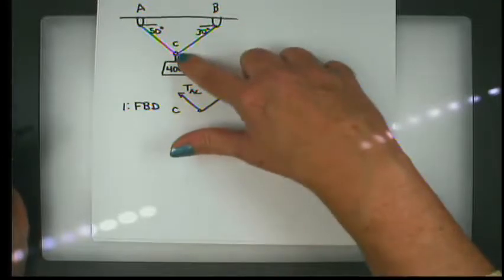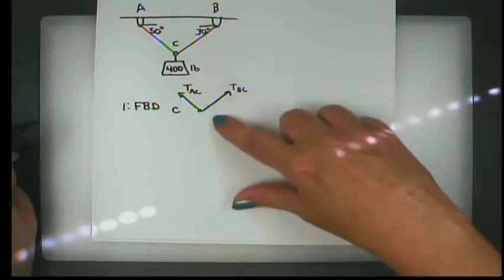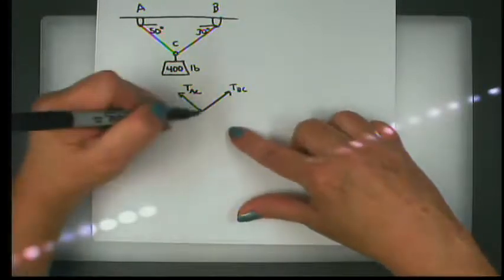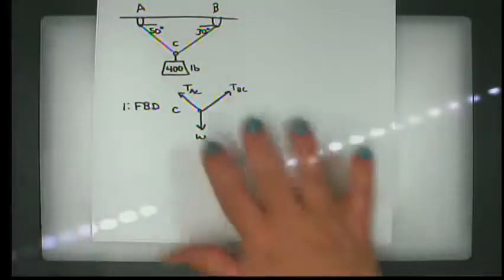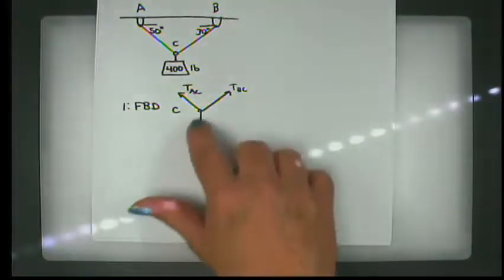And as far as point C is concerned, what is the weight doing? It's pulling it straight downward. And so this is a free body diagram in that we have a point and then everything acting on the point.